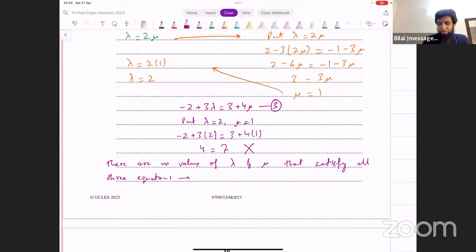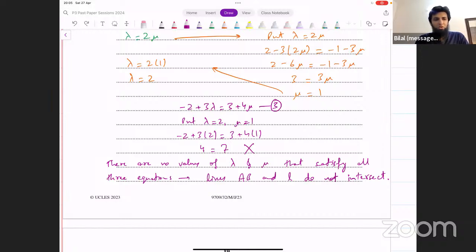What does that mean? That means lines AB and L do not intersect. If the third equation had also satisfied, we would have said that the lines intersect. In this case, they don't, because the third equation is not satisfied. All right.